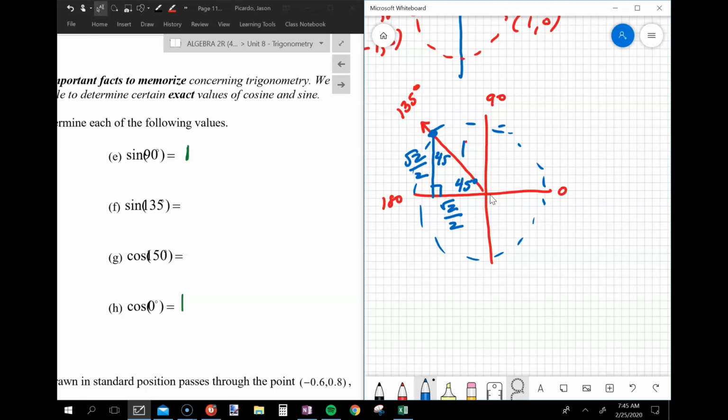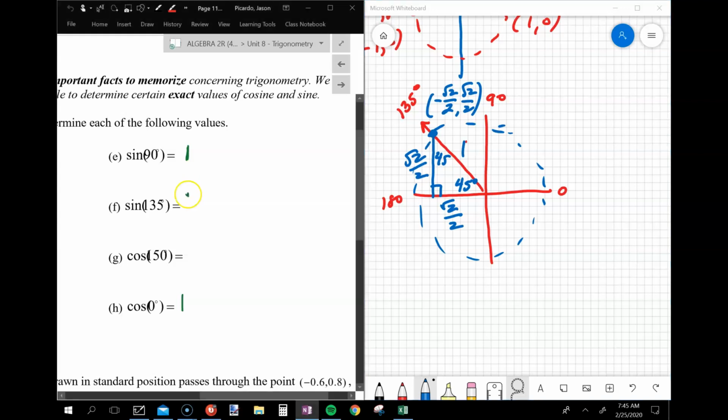Starting here, I go to the left, radical 2 over 2, negative radical 2 over 2, and then I go up. So it's going to be negative radical 2 over 2, comma, positive radical 2 over 2. And the sine value correlates to the x or the y? To the y value. So it's positive radical 2 over 2.